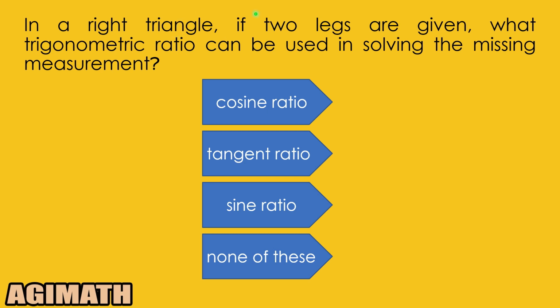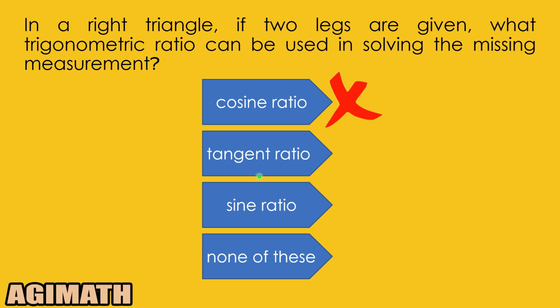So we are just going to define each ratio. If it contains a hypotenuse, then we cannot use that ratio. For example, cosine. Cosine is equal to adjacent over hypotenuse. So we have the hypotenuse, that is already x. Tangent ratio. Tangent is TOA, opposite over adjacent.